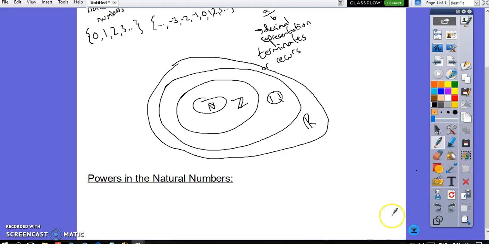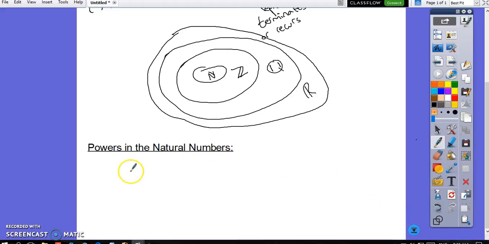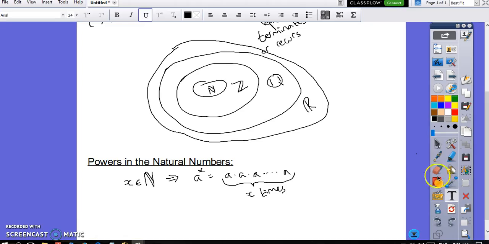So we've already seen that if we have x in n, this means that a to the x is just a times by itself x times. So we've seen powers in the natural numbers many times, and hopefully you're comfortable working with those.